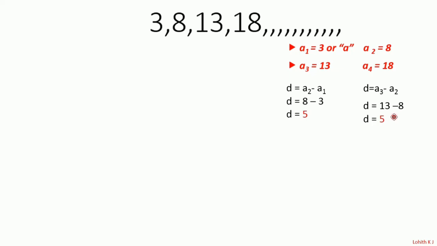Next let us calculate the common difference between fourth and third term. That is given by the formula d is equals to a4 minus a3. That can be written as d is equals to 18 minus 13. The answer will be 5. As the common difference is same, once again we can conclude that the given sequence is in arithmetic progression.